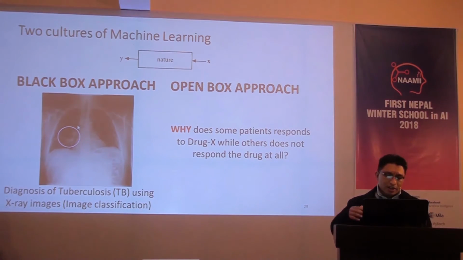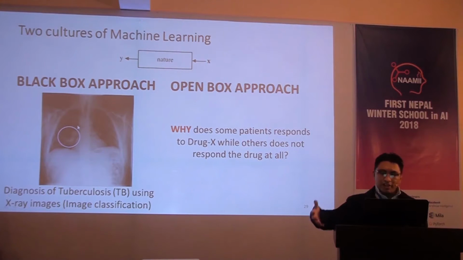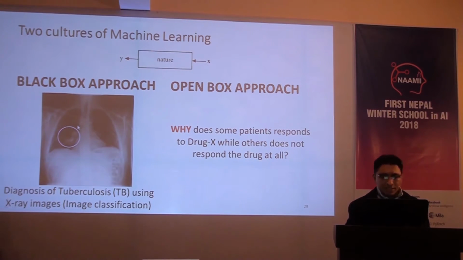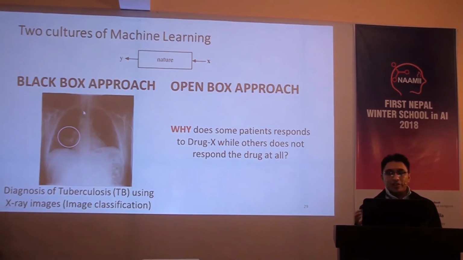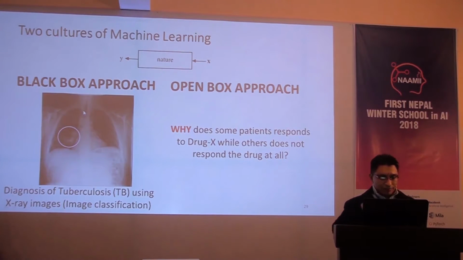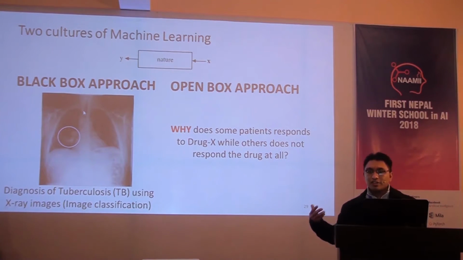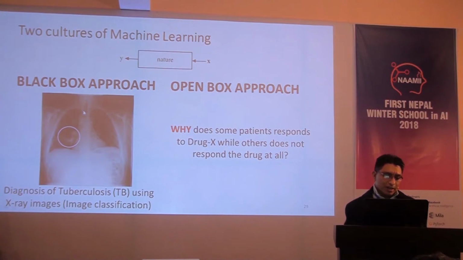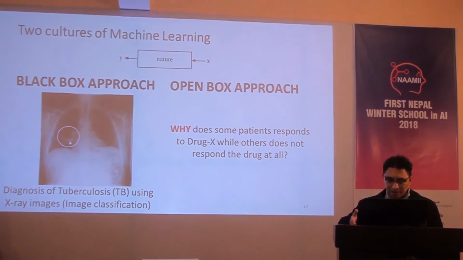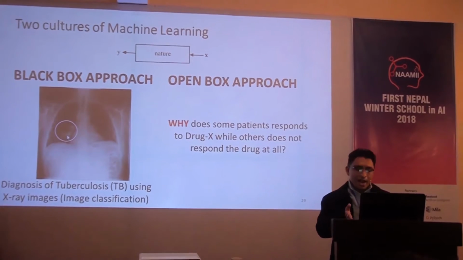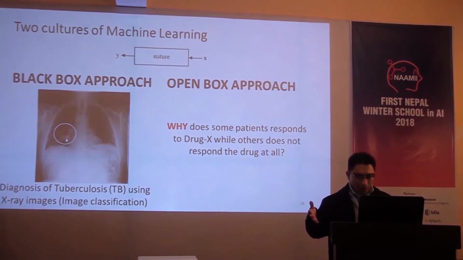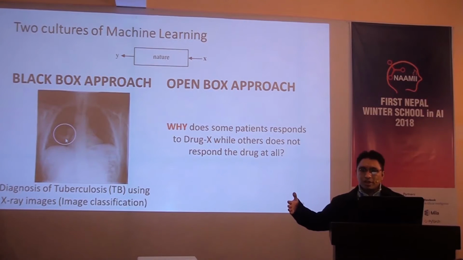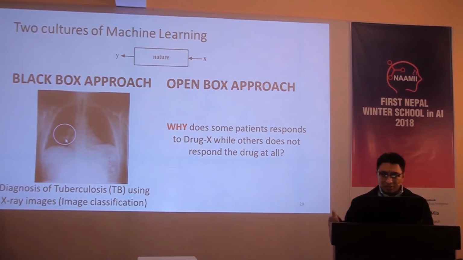Now we can develop some kind of neural network model and then classify which X-rays or which individuals have tuberculosis and which do not. But we are looking at the images. We are not interested in what distinguishes the individuals that have tuberculosis from those individuals who do not have tuberculosis. But you can correct me if I'm wrong.